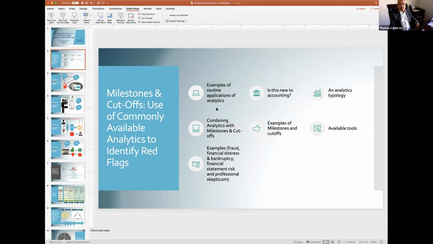Essentially, there are many, many different milestones in business, many different periods that we use as cutoffs for assessment of different things. For example, it could be something as simple as a cutoff for determining the measurement of your sales.